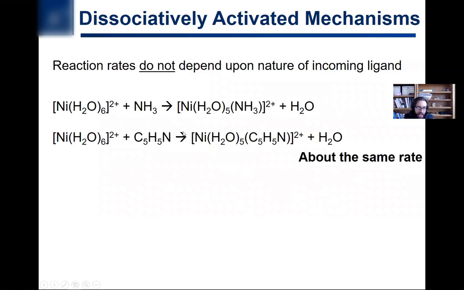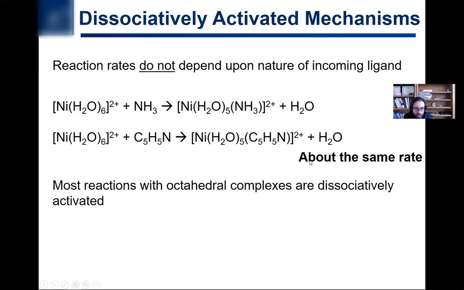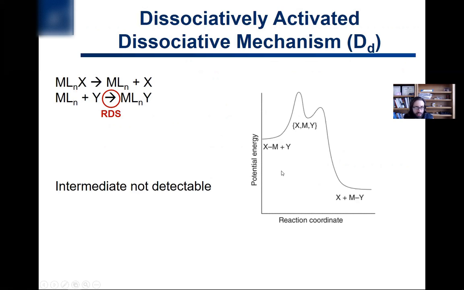And so you can look at these reactions with these nickel complexes with ammonia versus pyridine, and they're about the same rate. You know, they'll vary a little bit, but they're about the same rate. Most reactions with octahedral complexes are dissociatively activated. Contrast that with most reactions with square planar complexes being associatively activated.